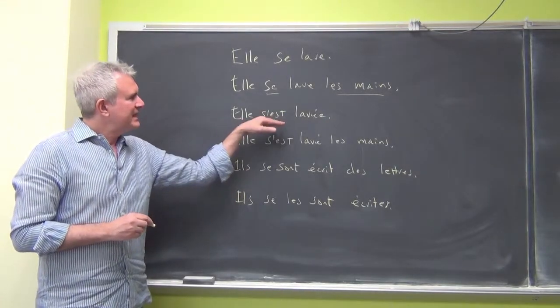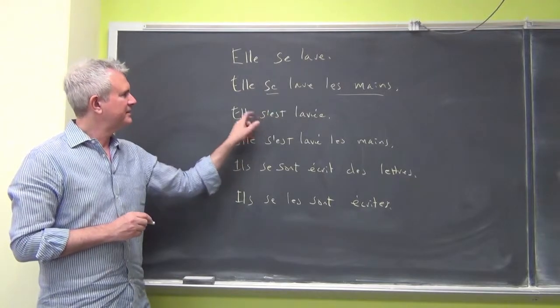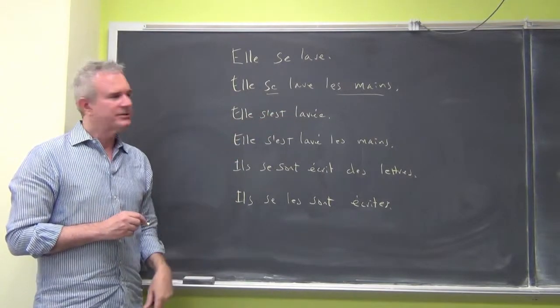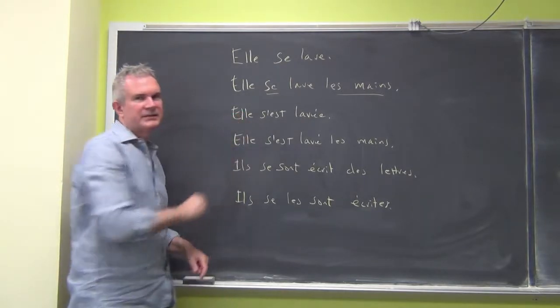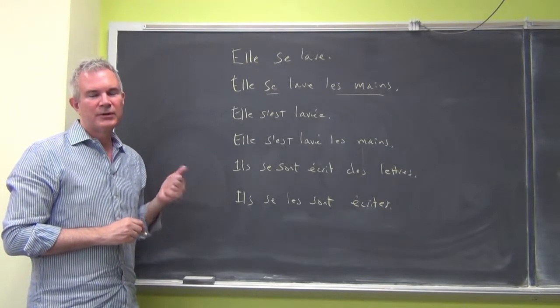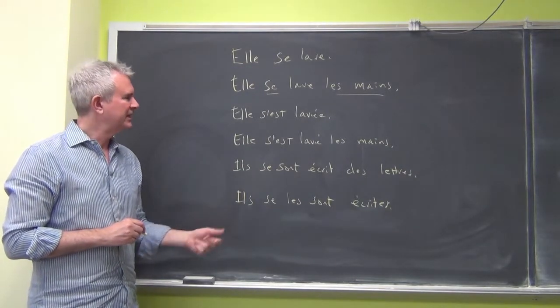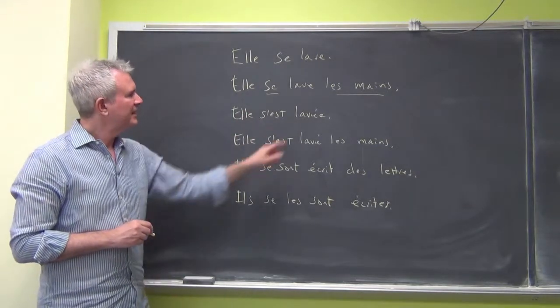Elle s'est lavée. She washed herself. We've got in the past indefinite this se. She washed herself. It's the direct object. It's coming off of the subject pronoun, which is elle, which is third person, singular and feminine.